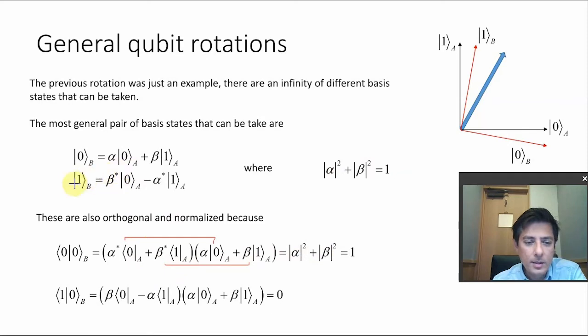So let's just take the inner product of 0 and 1. Okay, so we've got beta and alpha, and this is the original vector. So the conjugate vector is the thing that you need to take the complex conjugate of, and then flip the directions of the vectors. So it's beta 0 and then minus 1.